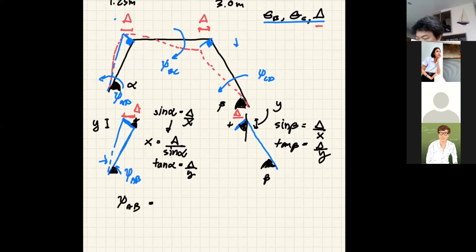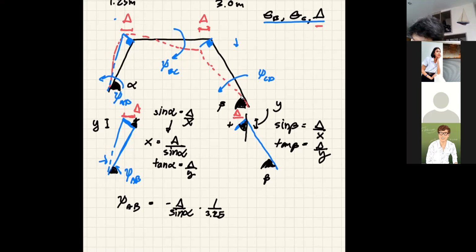And now that's how we can relate the psi term and write it in terms of delta. So this one is, remember, we assume that it goes in this direction, counterclockwise, so it is minus delta over sine alpha, and then this is the distance, so it has to be divided by the length of member AB, which is 3.25.